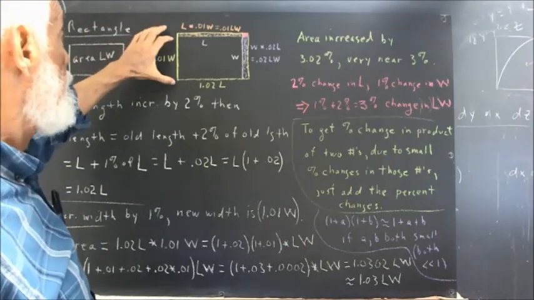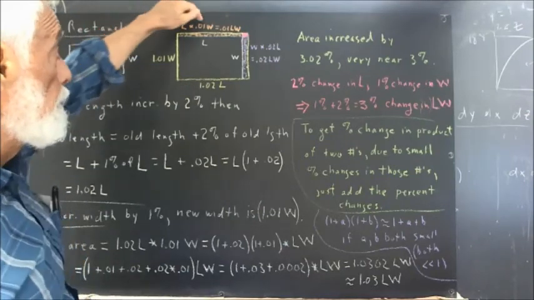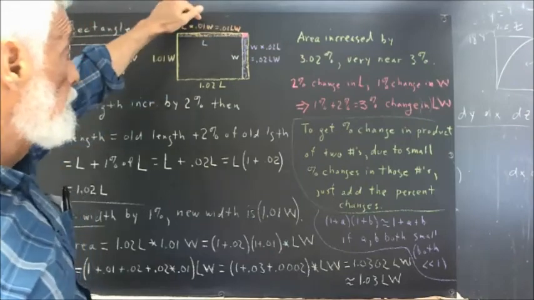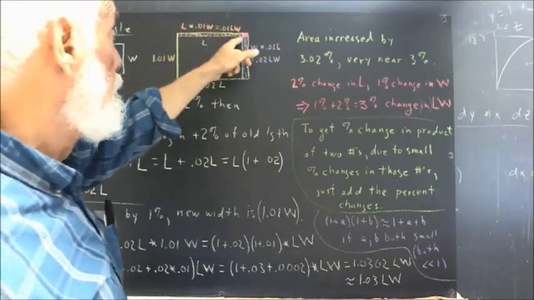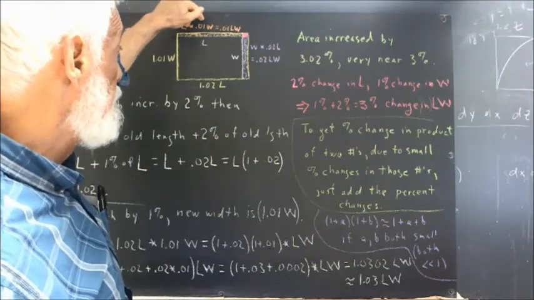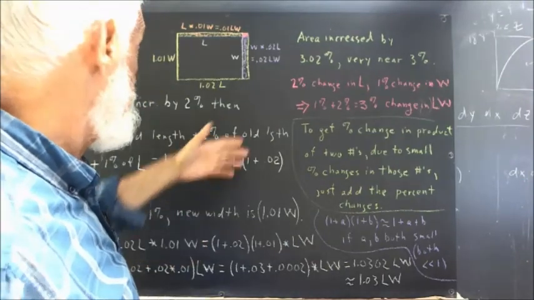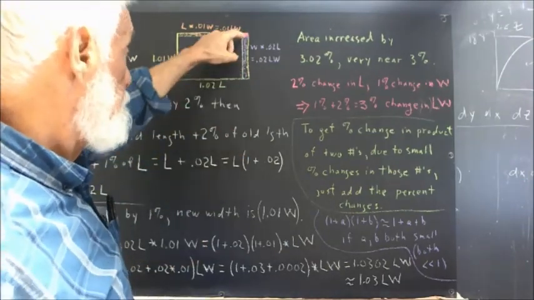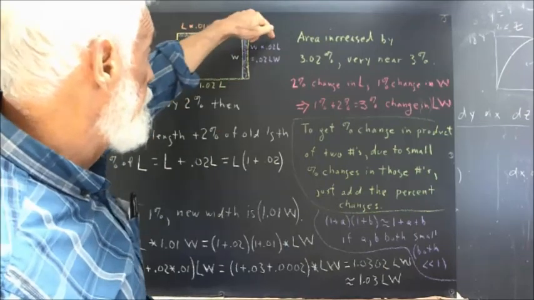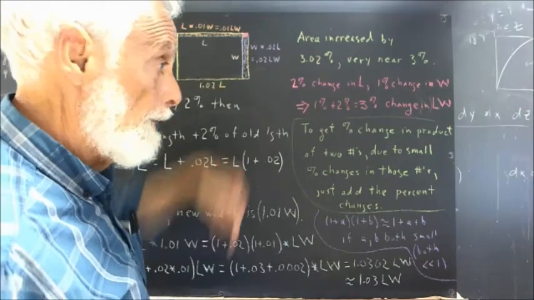Well, here's W, and here's 1.01 W. The difference is 0.01 W, so the width of this strip has to be 0.01 W, and it runs for the full length of the original rectangle, so it's L by 0.01 W, which is 0.01 LW. Similar reasoning tells you that the purple strip here has dimensions 0.02 L by W, therefore area 0.02 LW.